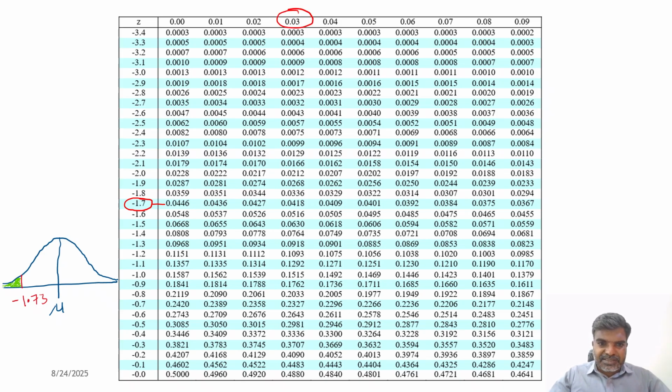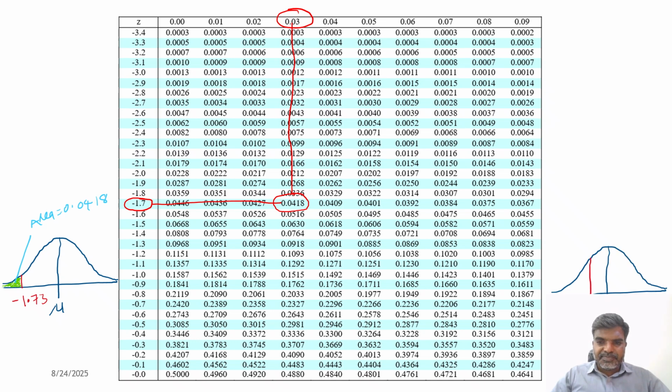What is the corresponding number for this? This is the corresponding number, 0.0418. This is the required area. For negative z values, you always have to use the negative table.